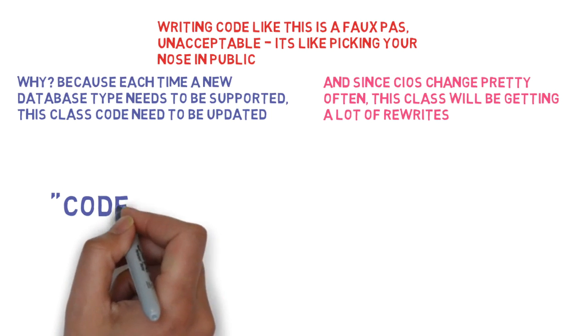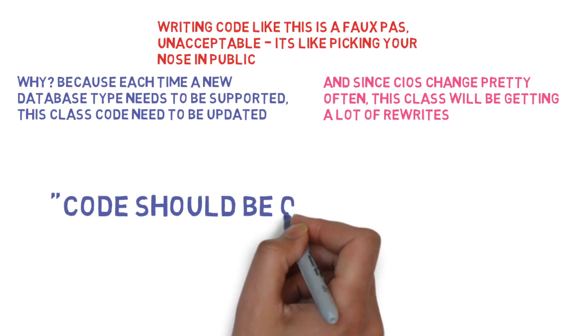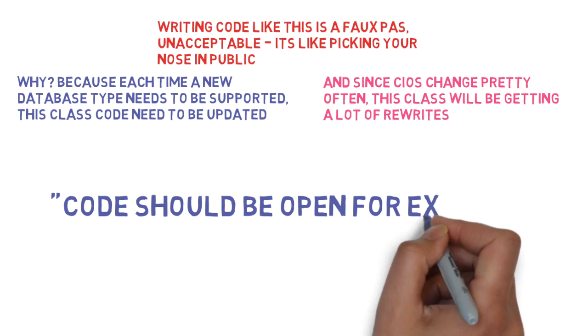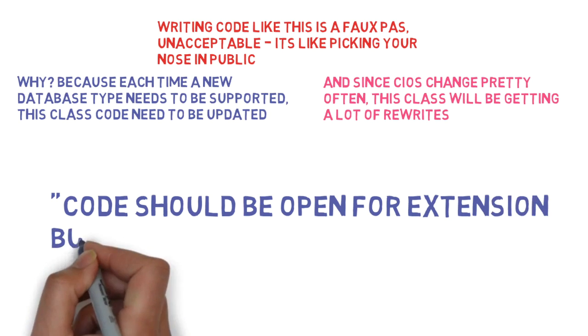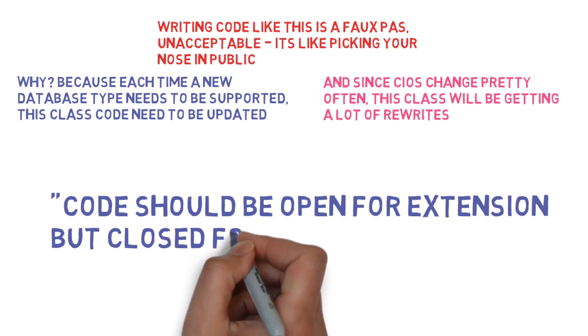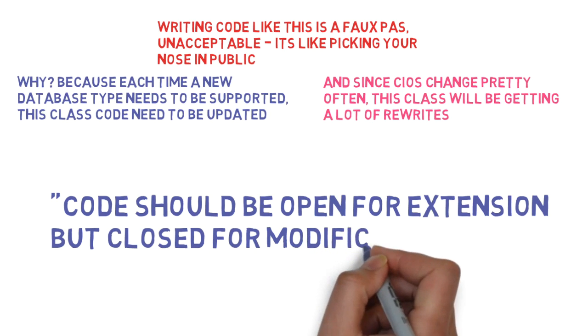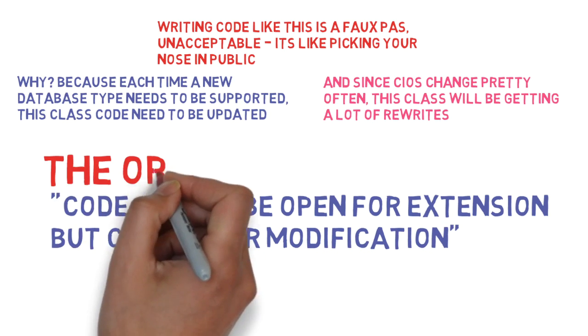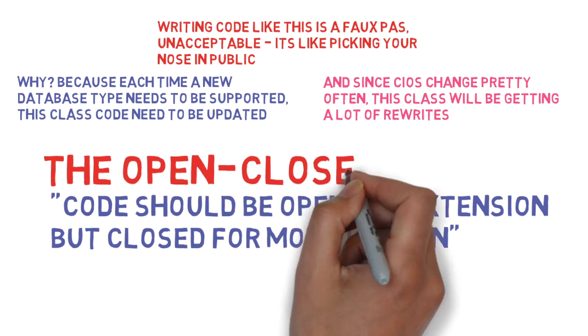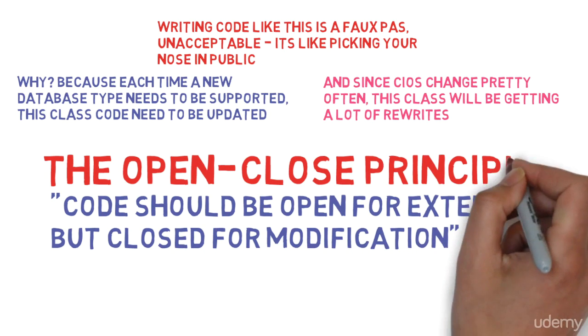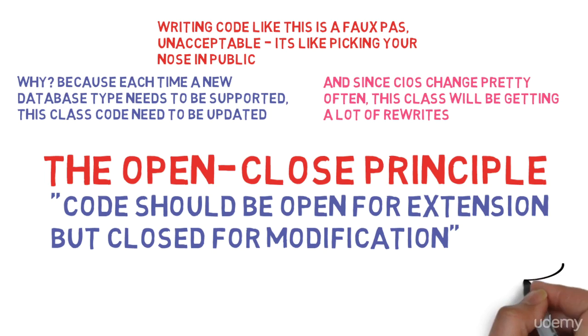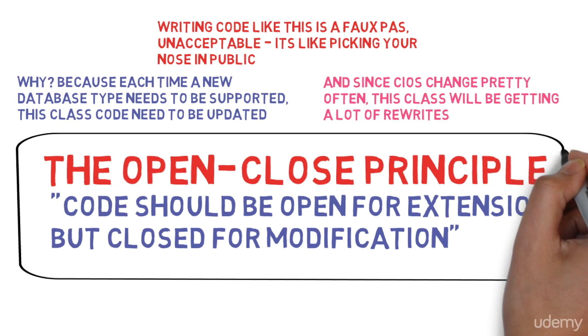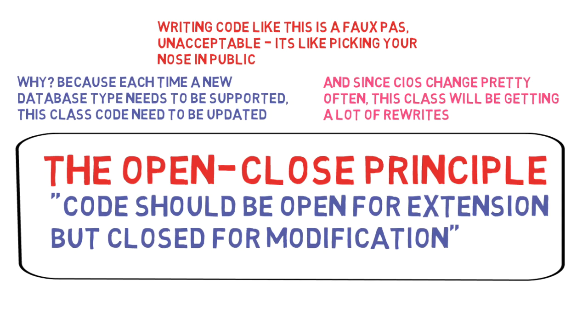There is a very important design principle which this code also violates. Code should be open for extension but closed for modification. This is the underlying principle for all code that you write, which means anyone wanting to use your code should be able to extend it and get their functionality from what you've provided. However, your code should be closed for modification.